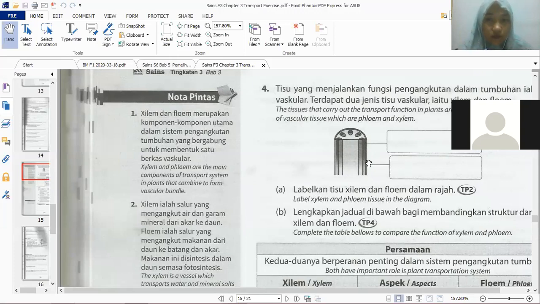So, which one is xylem, which one is phloem? This one is what, phloem or xylem? It is inside, near to the center of the vascular tissue. So we call this one, is it xylem or phloem?